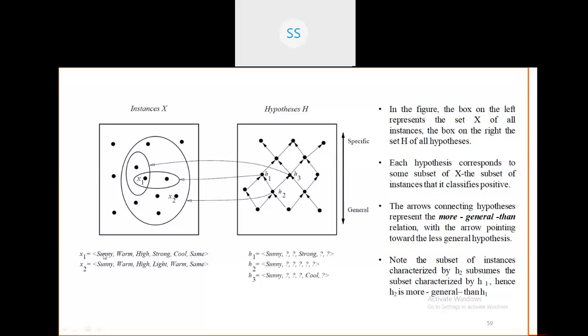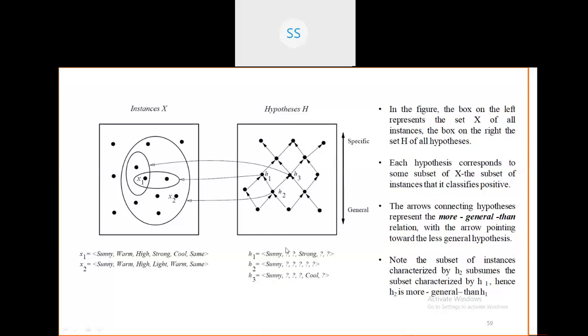So H1 is going to make X1 positive. X2 is not matched. Hypothesis H2, sunny then five question marks, accepts both X1 and X2 as positive. And H3, sunny followed by three question marks, cool and a question mark, is going to accept only the first instance, because it is sunny and followed by cool.